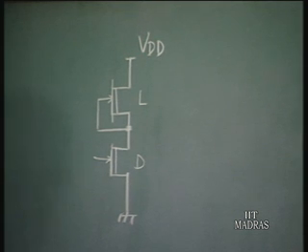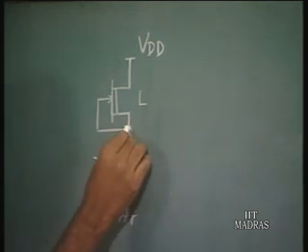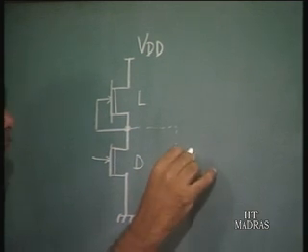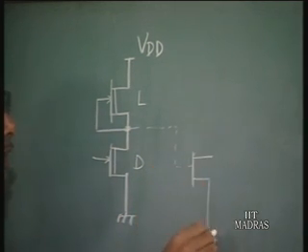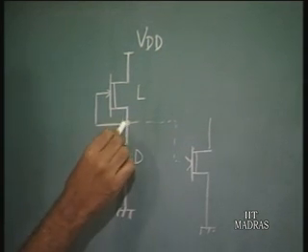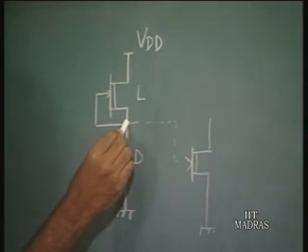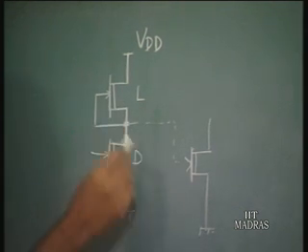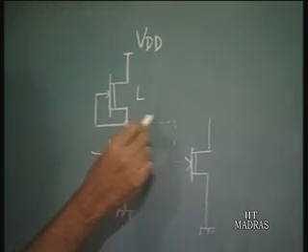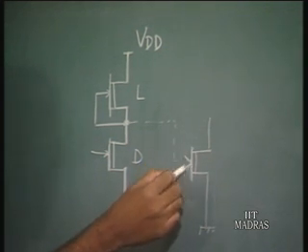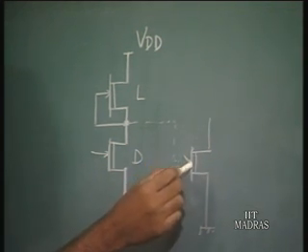Now this circuit has a certain problem. Suppose this has to drive another similar inverter. Since the voltage at the output of this gate is always going to be positive, because there is no way this voltage can go negative, the input voltage to the next stage inverter is always going to be positive.